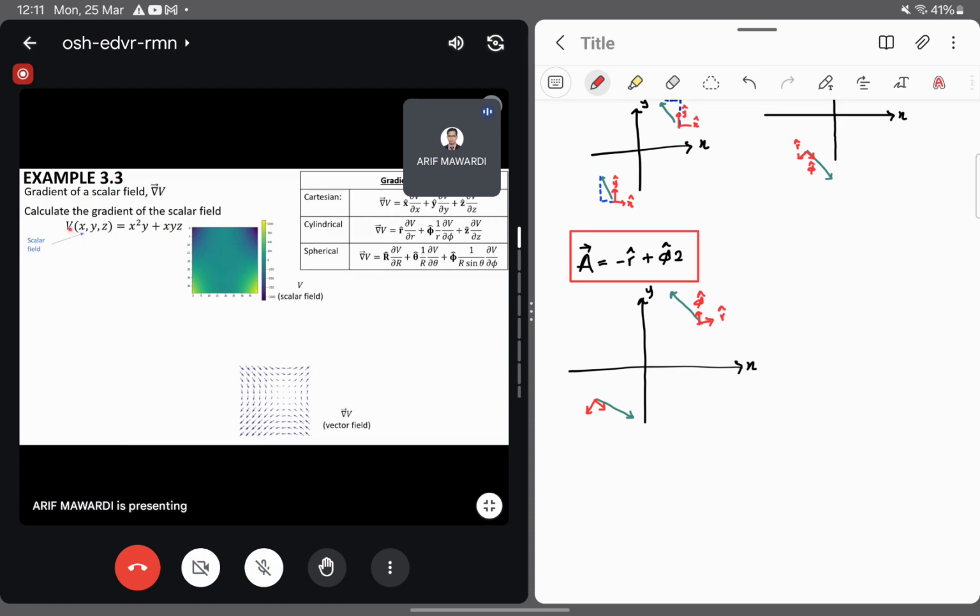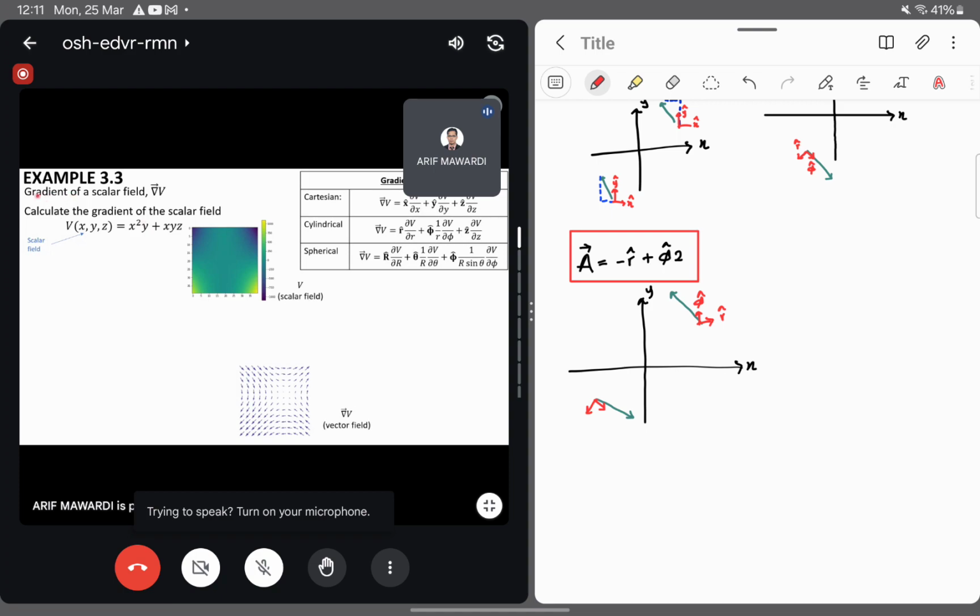This is our scalar field, for example. When you perform the gradient on a scalar field, what you will get is a vector field. That is the first thing you need to understand.